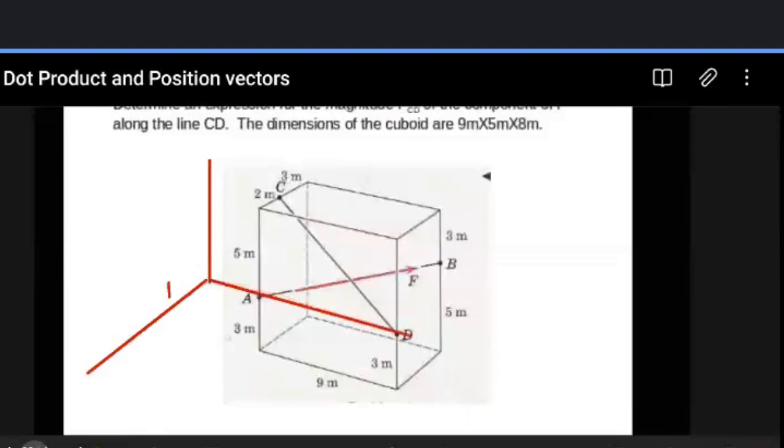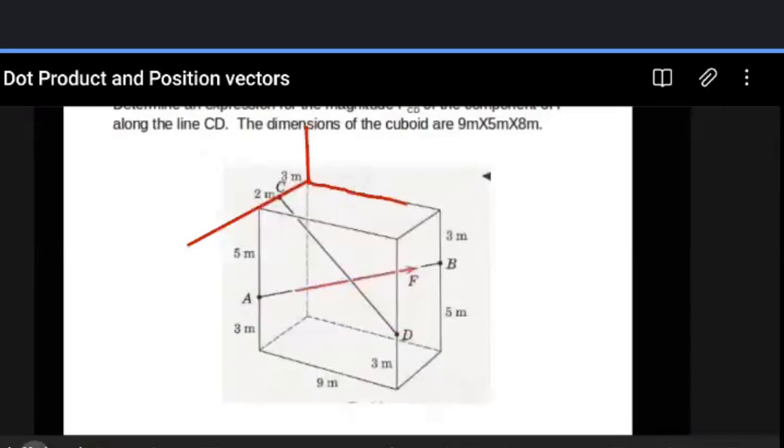So this is the setup that we're going to follow, since that's the one that we've been using for the most part. But you want to position it such that it makes your life way easier. The easiest way to do that is to put it somewhere here at this edge. Notice that I'm making my axes coincide with some of the important lines here.